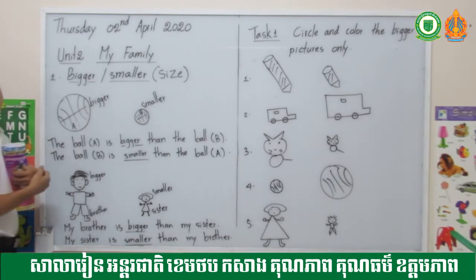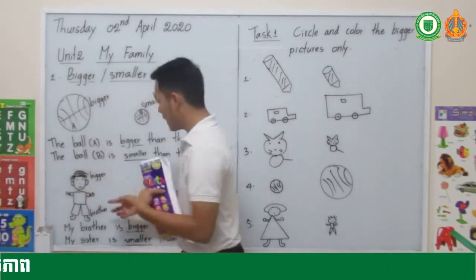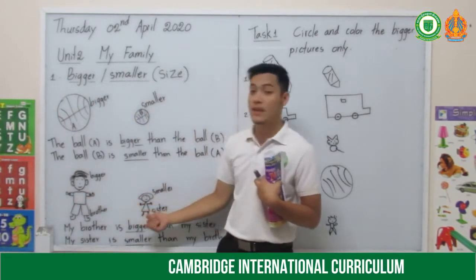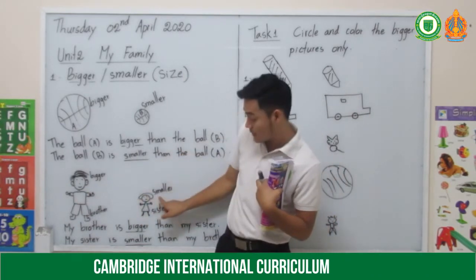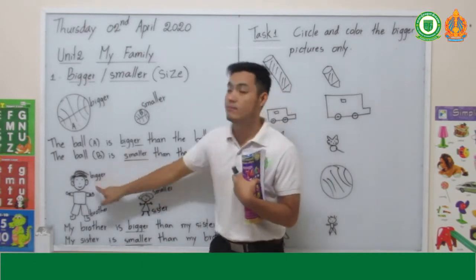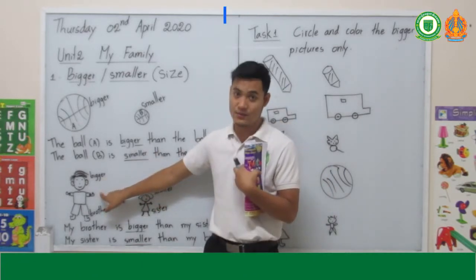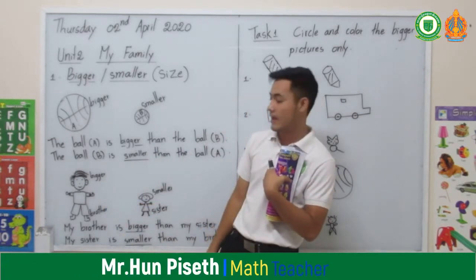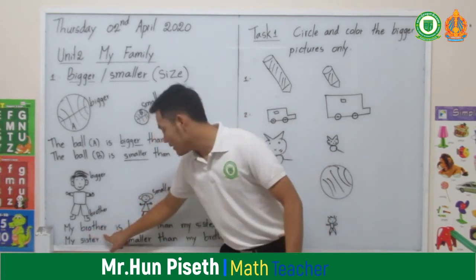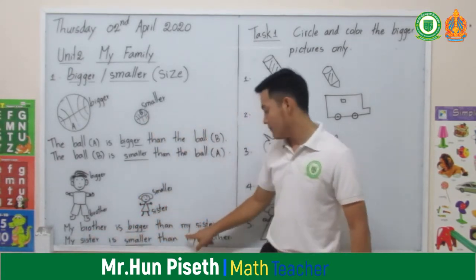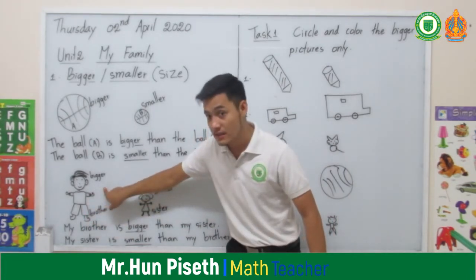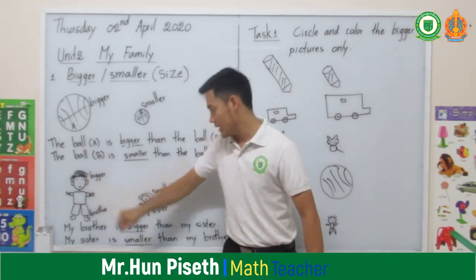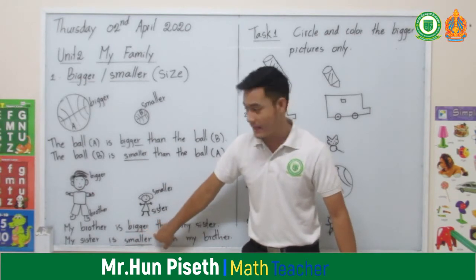And now find which one is smaller. Look at the brother and the sister again. The sister is smaller than the brother. You're right. Now let's go to the sentences together. My brother is blank than my sister. So my brother is bigger, so we complete the word bigger here.